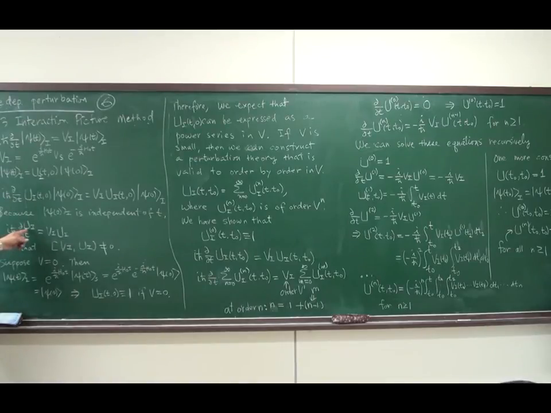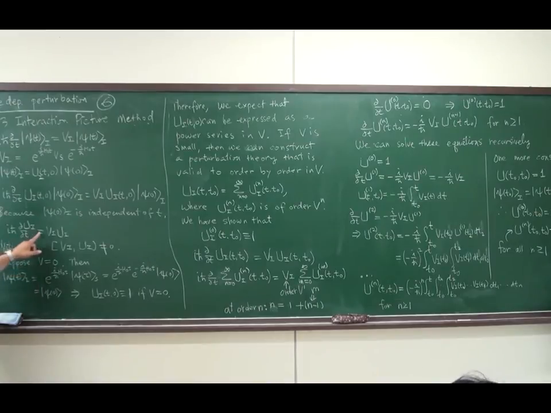find the time evolution operator U, and it can be done by using perturbation theory because the left hand side is U and the right hand side is U multiplied by V. Note that this V and U may not commute. Suppose V equals 0, then what happens?